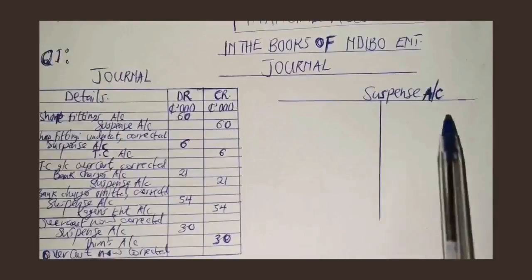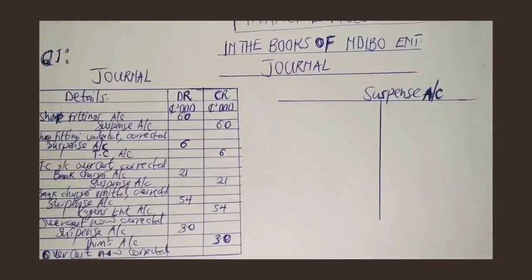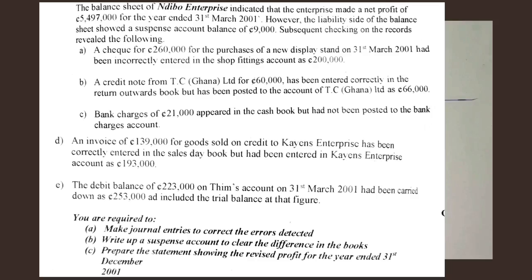So there's the suspense account here for Nebo Enterprise. First of all we look at whether you have any difference in suspense. Anytime there's a suspense, you're going to have a difference from the trial balance. It says that the liability side of the balance sheet showed a suspense account balance of 9,000.